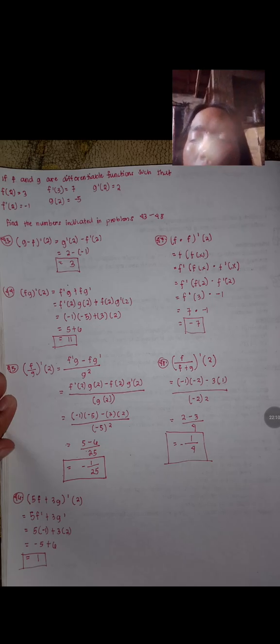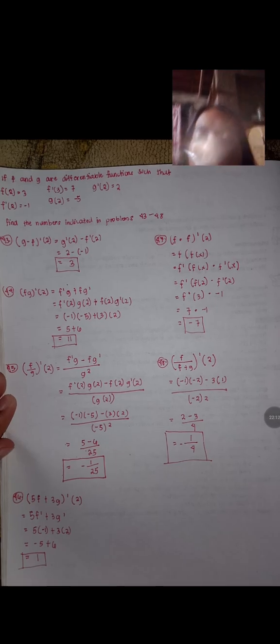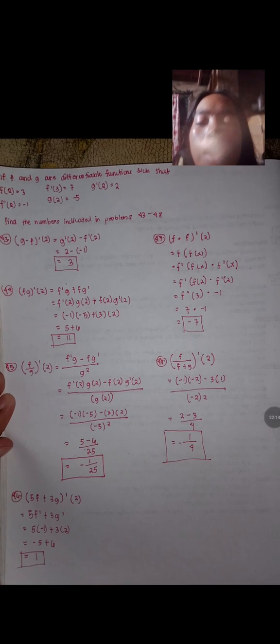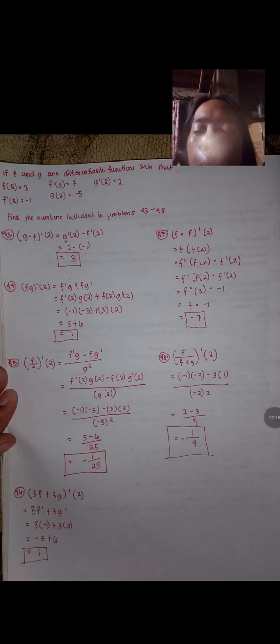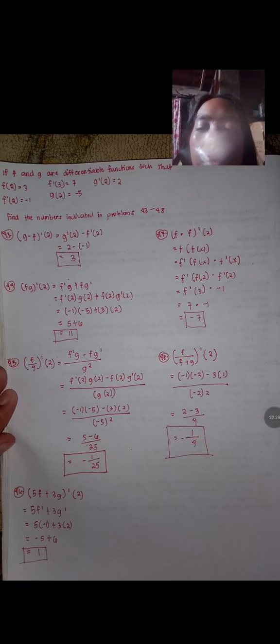So 2 minus negative 1 is 3. So the same with all the problems there, we just need to substitute. So number 44, the derivative of f times g at 2 is equal to f prime g plus f g prime. So that would be f prime of 2 times g of 2 plus f of 2 times g prime of 2.